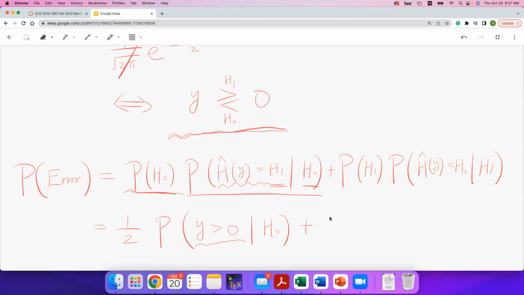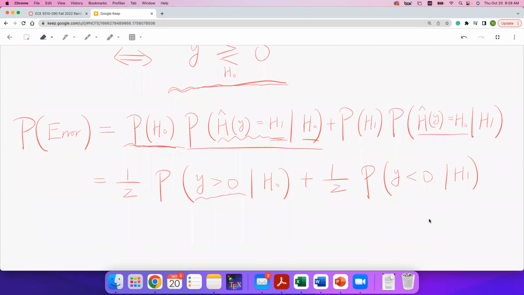For the second term, same thing. It's 1/2. We are conditioning on H1, and now we are looking at the decision rule deciding H0. From the decision rule, we know that it means the observation y must be negative. So we need to calculate these two conditional probabilities.